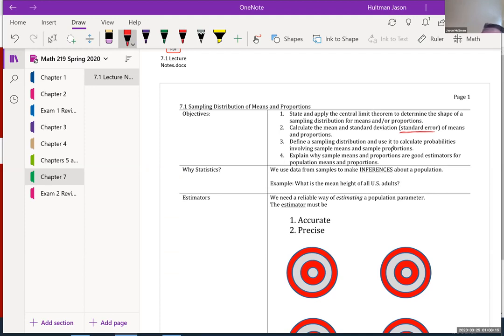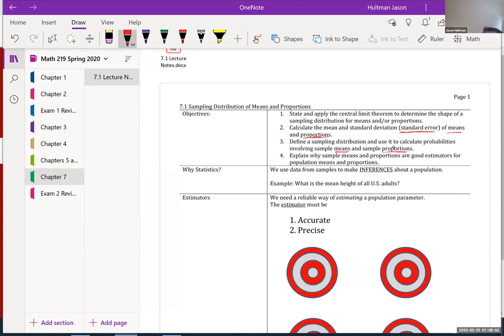Define the sampling distribution and use it to calculate probabilities. And then we're going to do this for means and proportions. Define the sampling distribution and use it to calculate probabilities involving the sample means and sample proportions. So there are different rules for means and different rules for proportions.